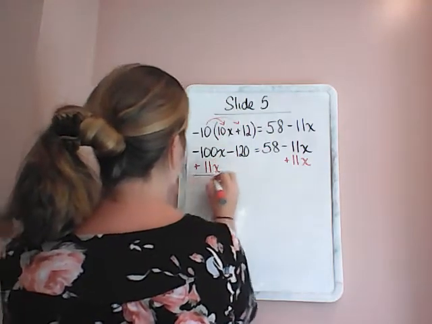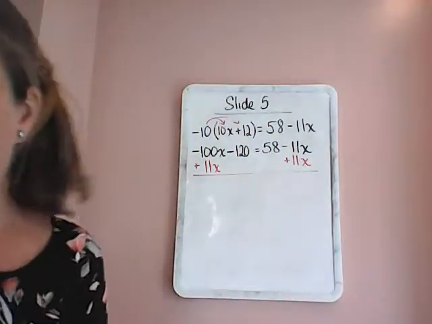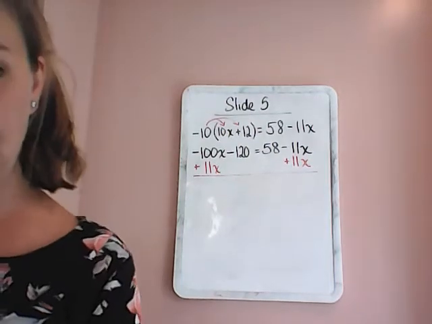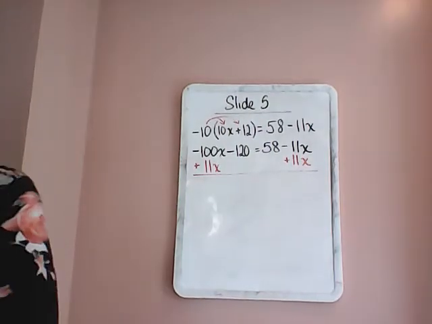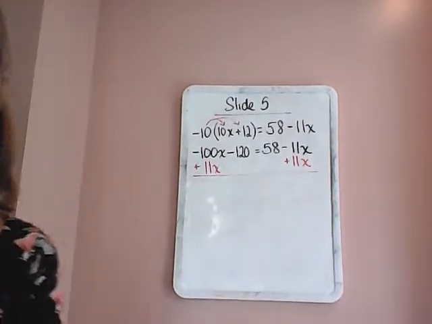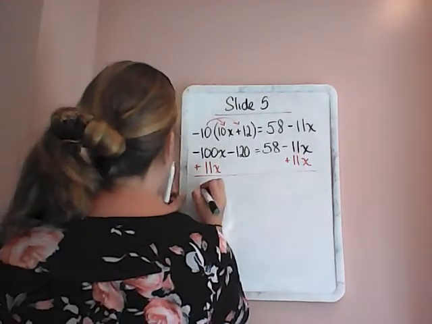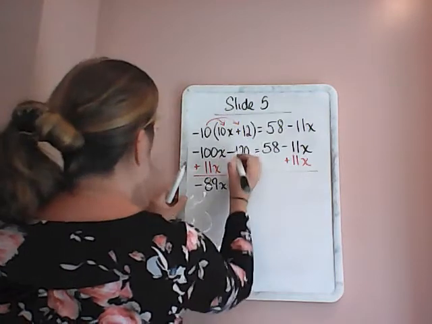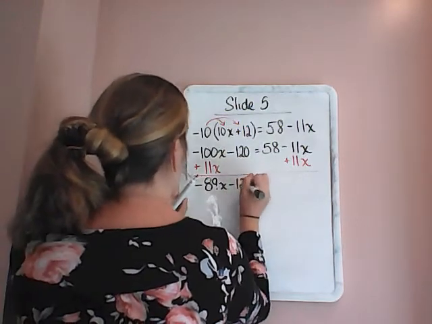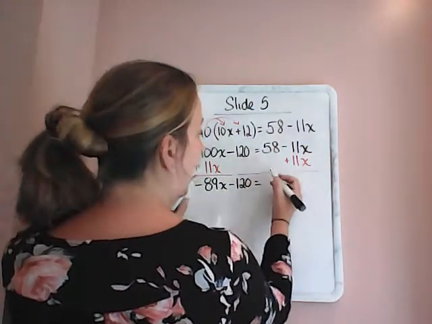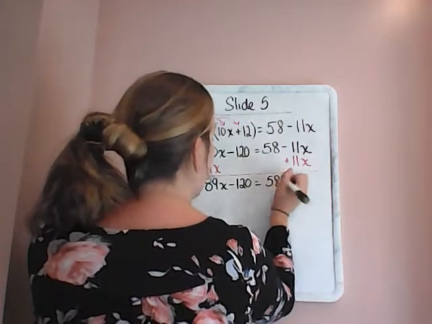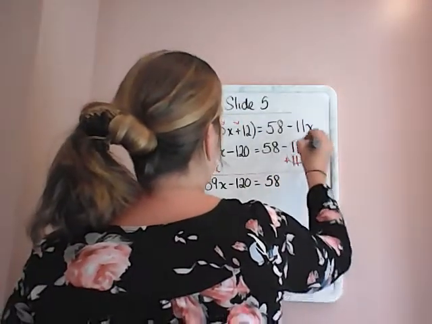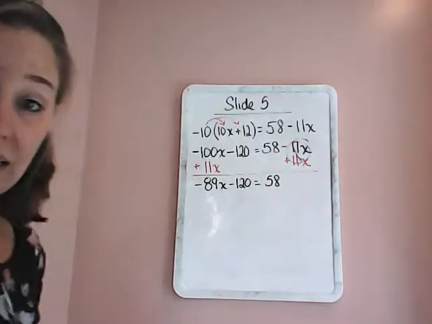And negative 100x plus 11x leads us to a negative 89x. This negative 120 comes down, or minus 120, however you want to say it. The 58 comes down, and now these guys are gone. That's why we did what we did.